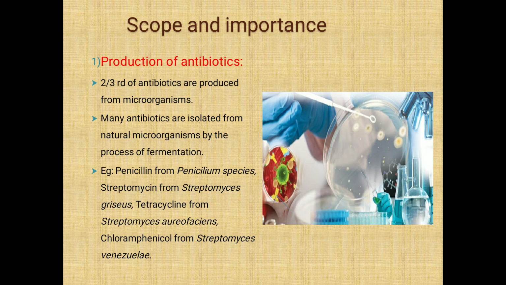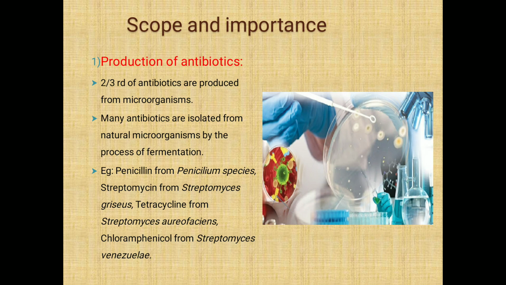The first one is production of antibiotics. Today, two-thirds of antibiotics are produced from microorganisms. The antibiotics are penicillin, cyclosporins, and many more. Many antibiotics are isolated from natural microorganisms by the process of fermentation. For example, penicillin is the antibiotic produced by using Penicillium species.